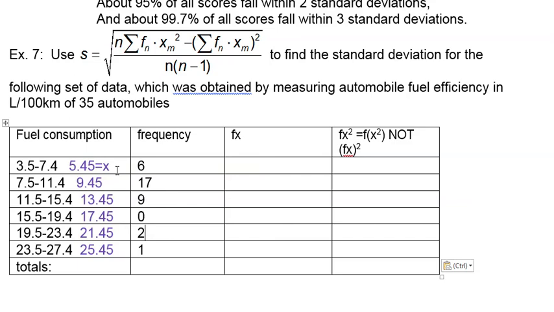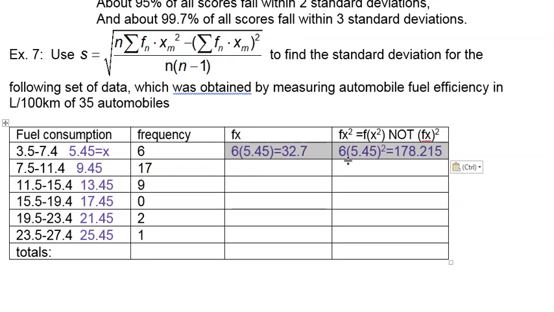So for each one of these calculations, each one of these rows, I should say, we're going to need to do two calculations, frequency times x and frequency times x squared. So for this first row, that becomes 6 times 5.45 and 6 times 5.45 squared.